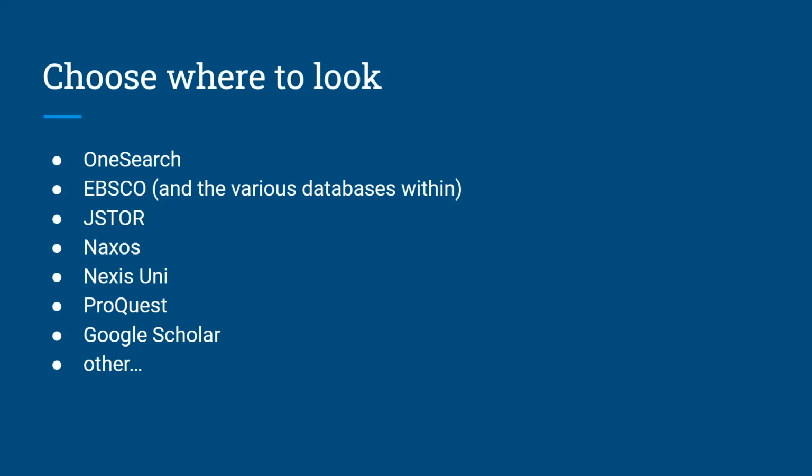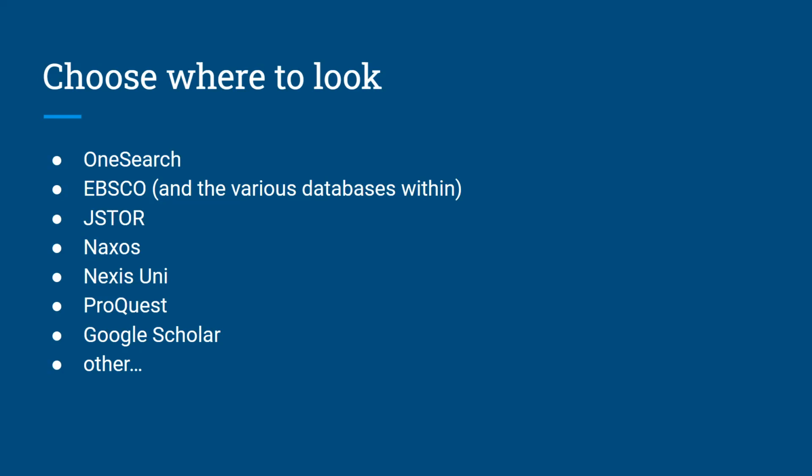So if you're using more than one or two key terms, I like to go to some of our individual databases. Which one you go to is going to depend on your field of study and what you're hoping to find. We have EBSCO with a whole bunch of various databases within that database, which is a great resource to go to.